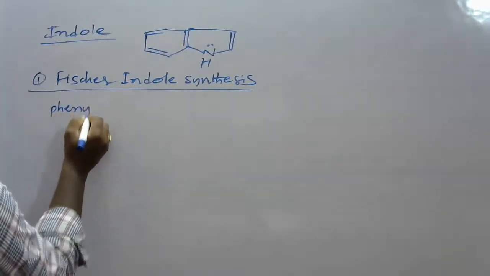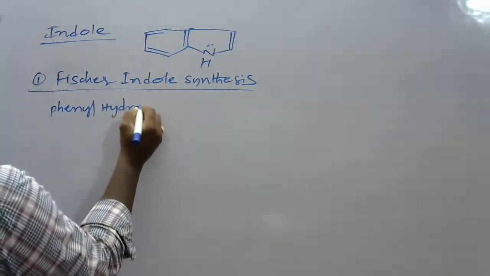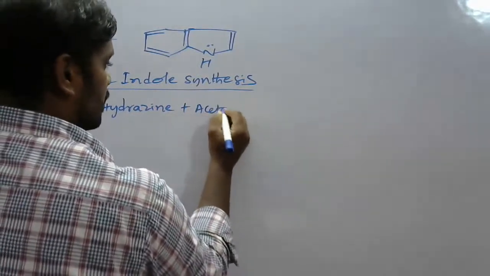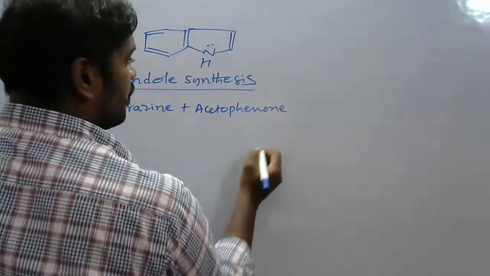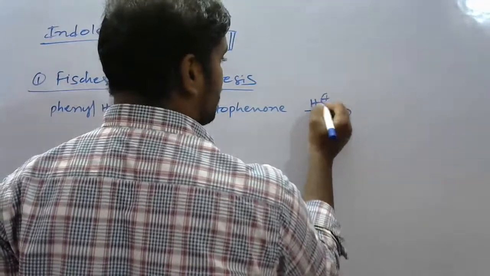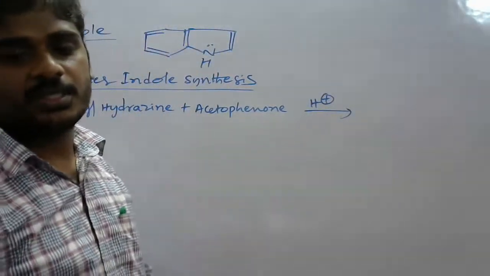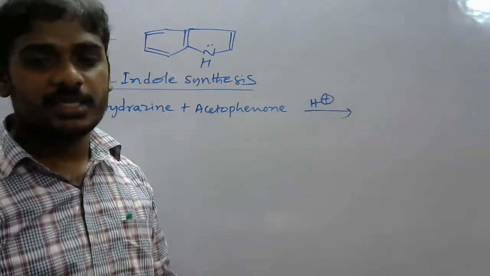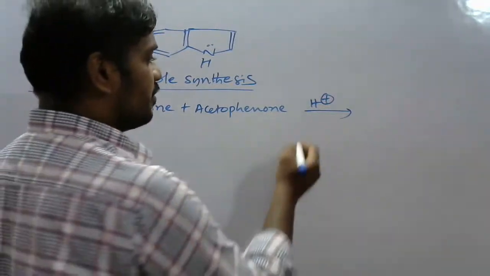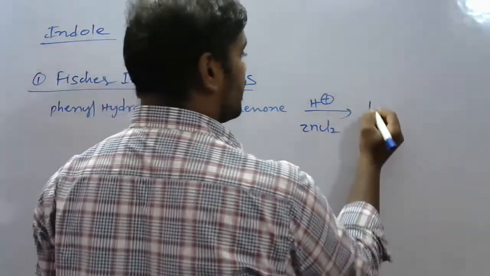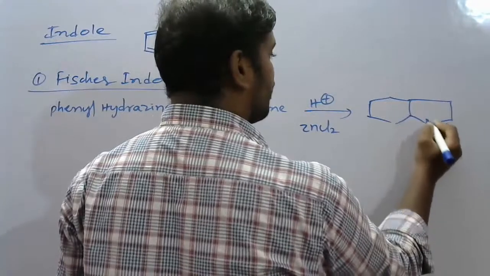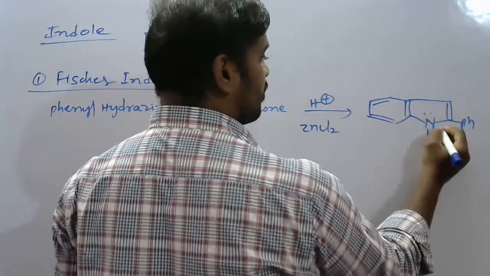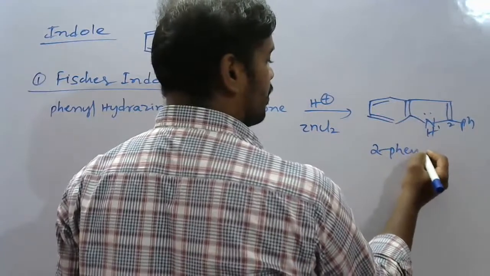Phenylhydrazine reacts with acetophenone in the presence of an acidic catalyst, acidic medium and zinc chloride, ZnCl2. Then 2-phenylindole is formed. So this is 2-phenylindole.